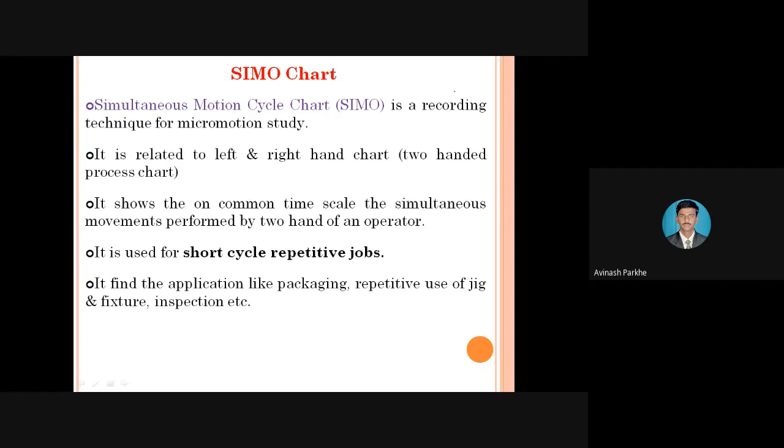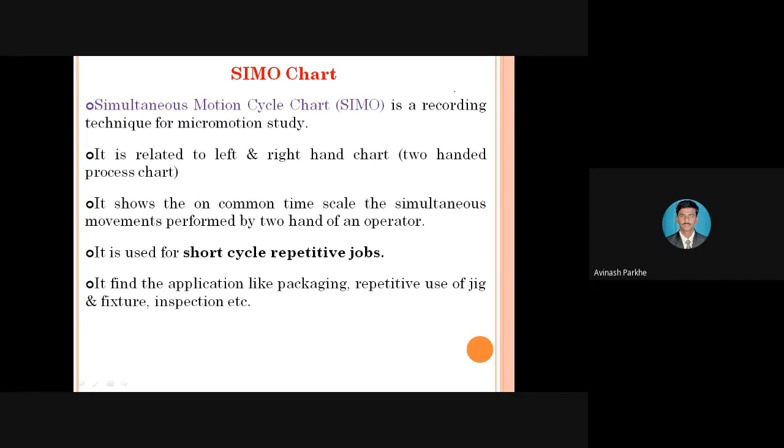In addition, while performing that activity, some timing devices are also used. In the micro motion study concept, that device is called a micro chronometer, a timing device used to measure the time of small repetitive movements.